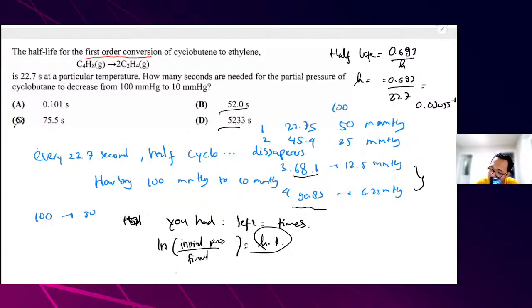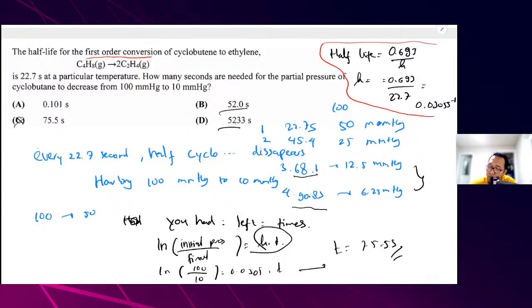Now we can plug in: the initial pressure is 100, the final pressure is 10, k is 0.0305, and we solve for t. We get t is 75.5 seconds, so the final answer is C. If we don't remember this equation, just use the concept. However, the equation can shorten your time to solve this problem.